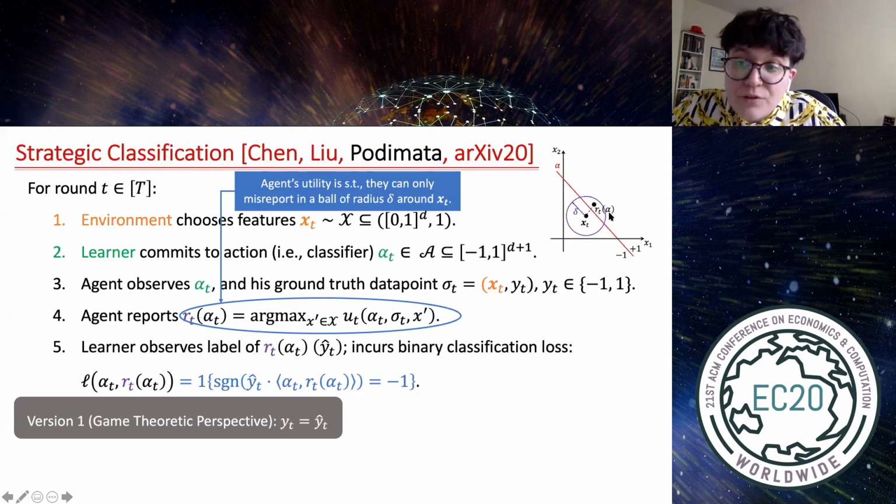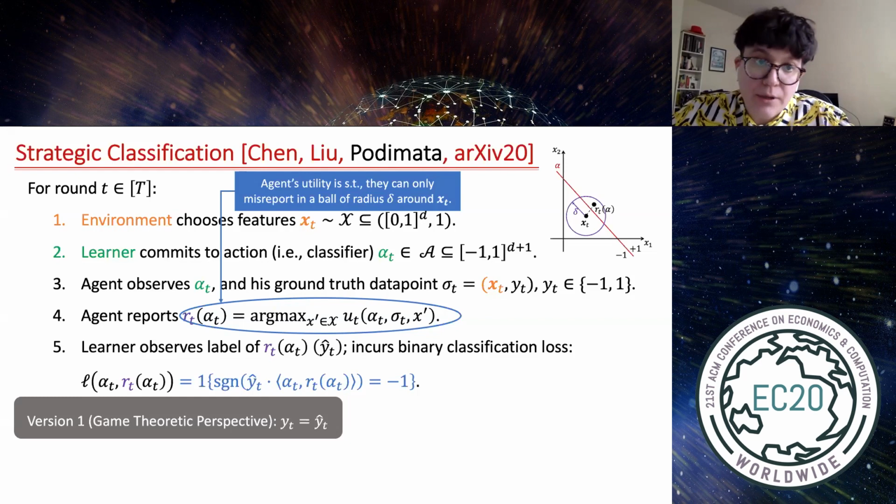So after you've done as big of a manipulation as you can in order to pass the classifier, this is what the delta encodes. And we are taking a game theoretic perspective again. So we are focusing on the case where you cannot alter your ground truth outcome by misreporting.